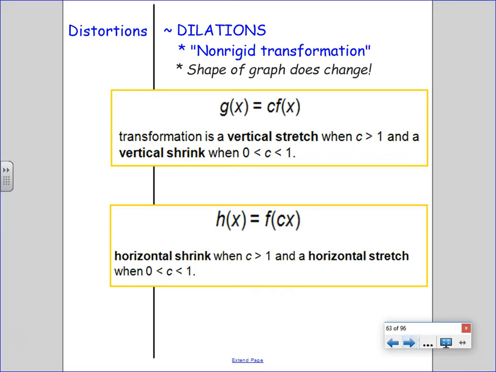Distortions. Technically, our book calls these the non-rigid transformations because the shape of the graph does not stay the same. And that's where all the size changes come in. However, before we start really grappling with this, let's at least talk about, does the outside, inside still work? Yeah.